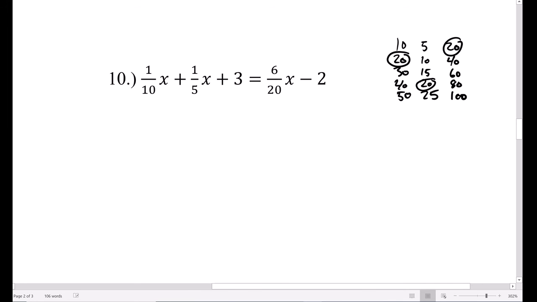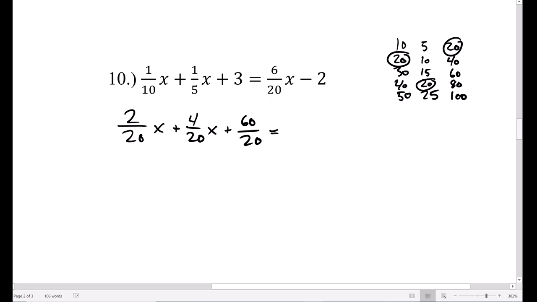So I want every single term to be in terms of 20ths. So for 1/10, that's going to be rewritten as 2 20ths. I'm just multiplying the top and bottom by 2. Fifths, I have to multiply by 4 over 4, so I get 4 20ths times x. For 3, that's going to get multiplied by 20 over 20, so I end up with 60 20ths.